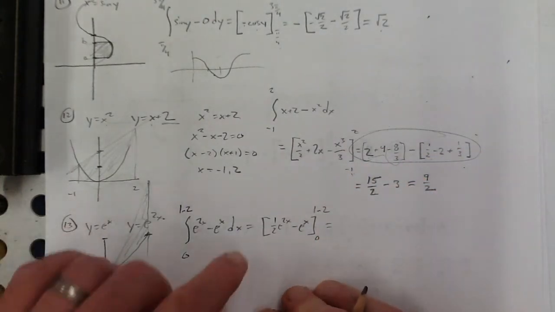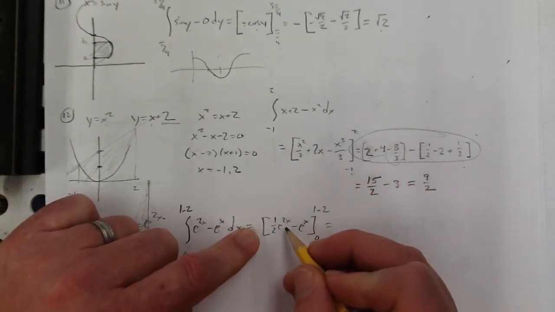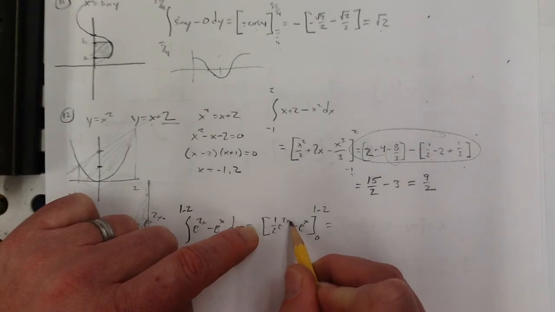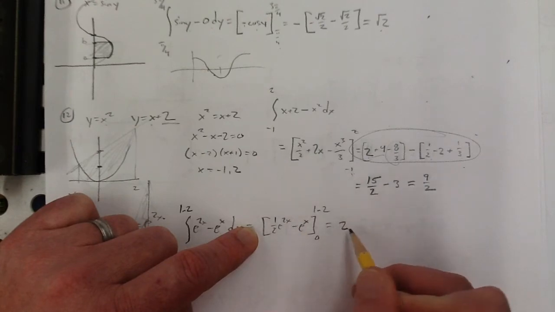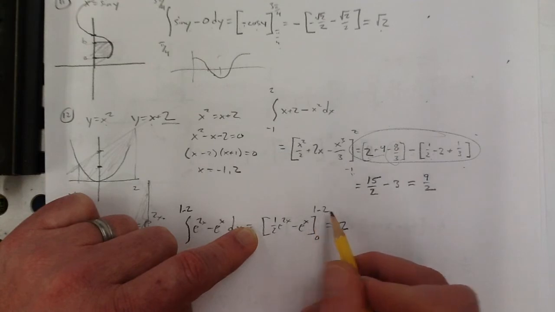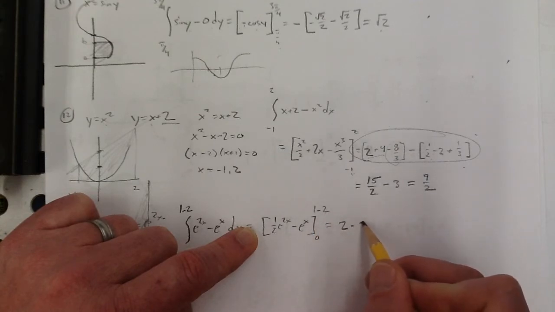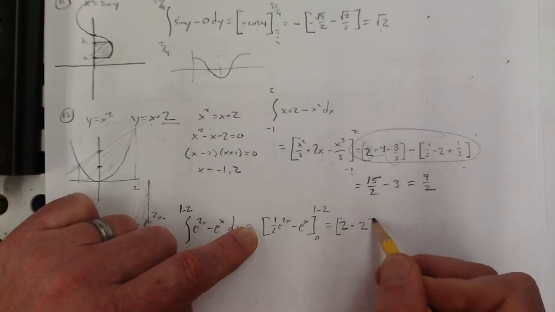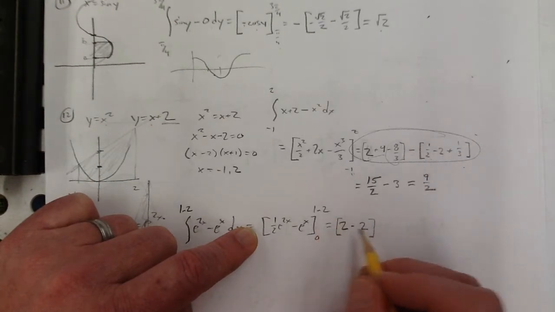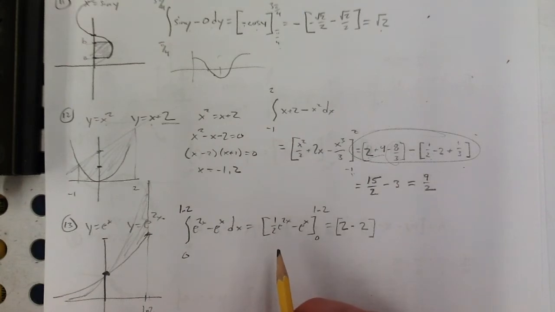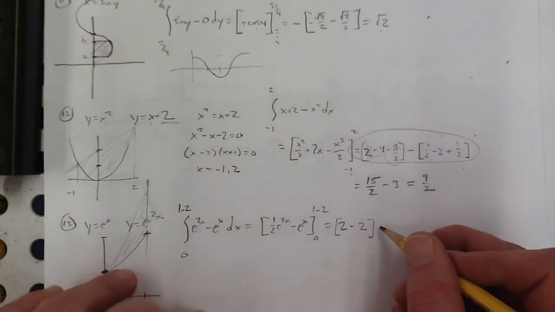Okay, so plugging natural log 2 in here, I get e to the 2 natural log 2, which is the same as natural log 4, so that's 4 times 1/2 is 2, and then minus e to the natural log 2 is 2. Don't really like that, not going to lie.